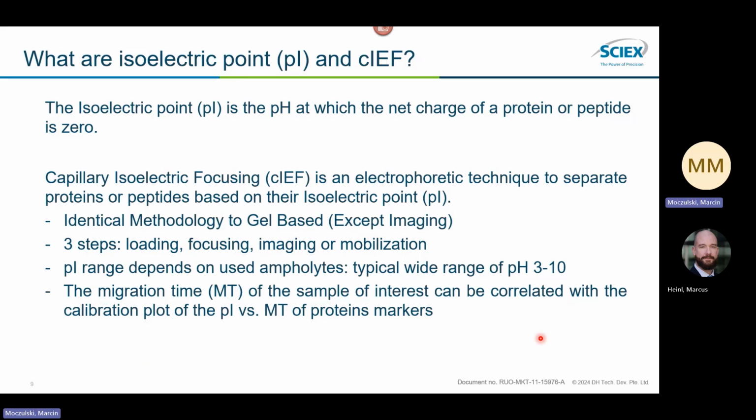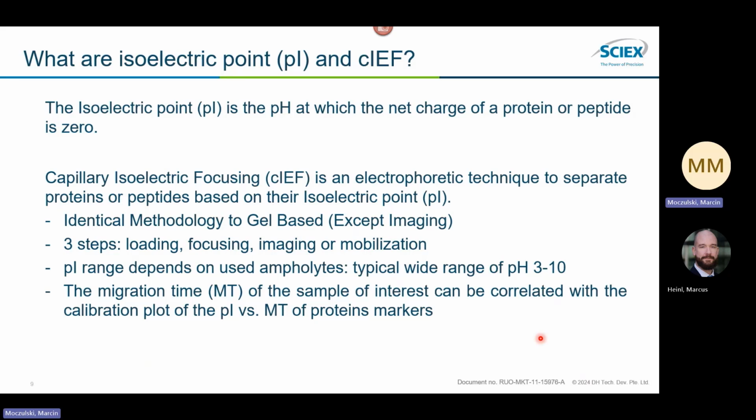The pH range of separation possibilities depends on the ampholytes used, also amphoteric components, which are typically used in a wide range, commonly between 3 and 10, or are also available in narrow ranges for focusing a specific range of pI.